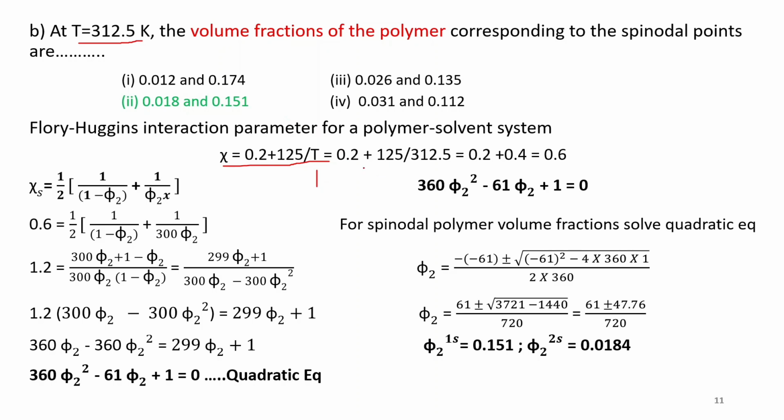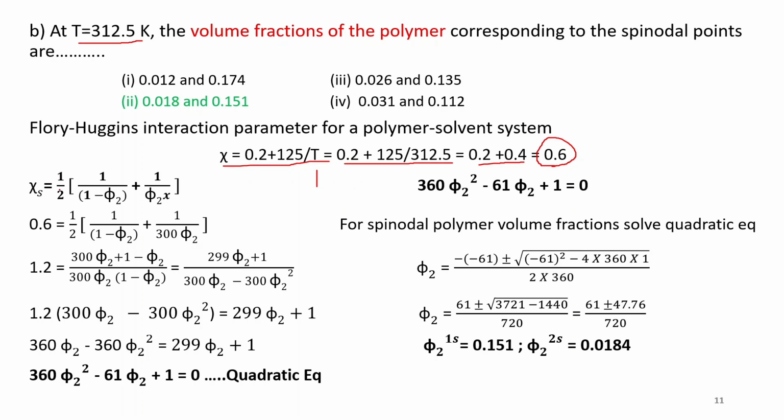So we can just put its value, 0.2 plus 125 divided by 312.5, from which we get 0.2 plus 0.4, which is 0.6. So the chi value is 0.6 at 312.5 Kelvin.